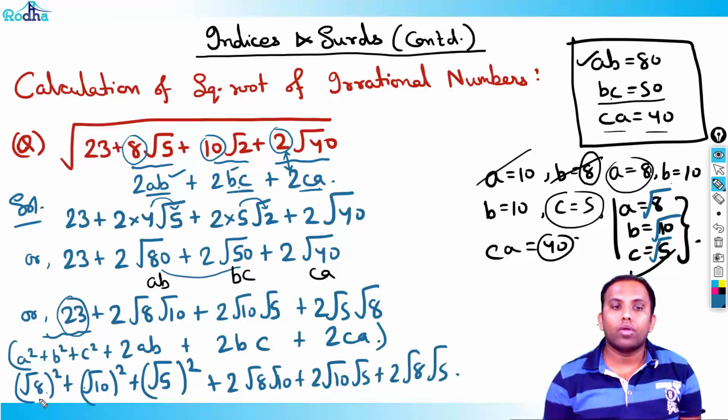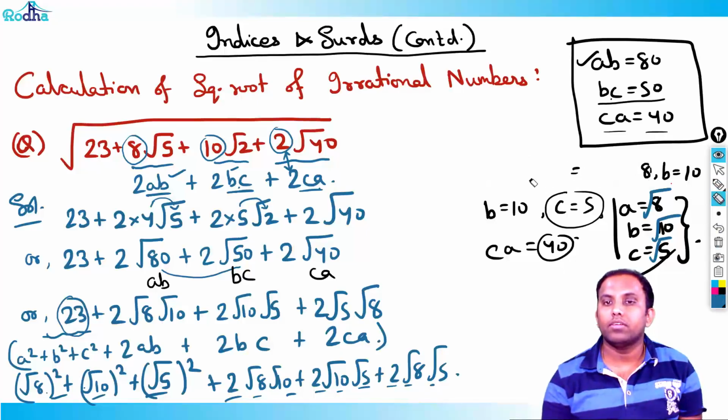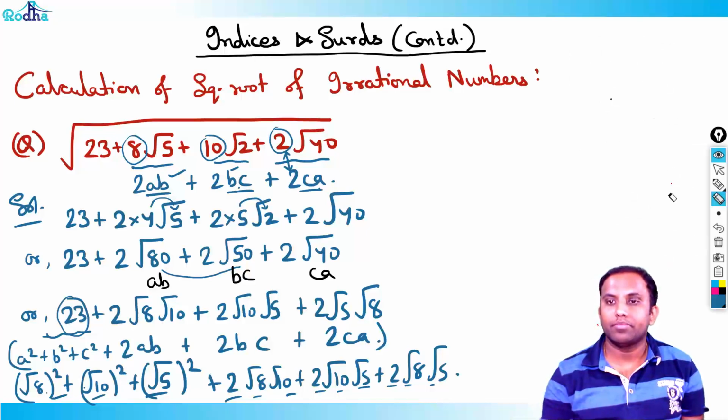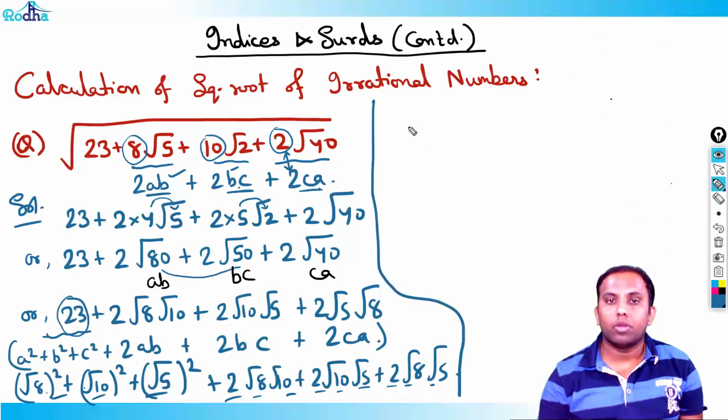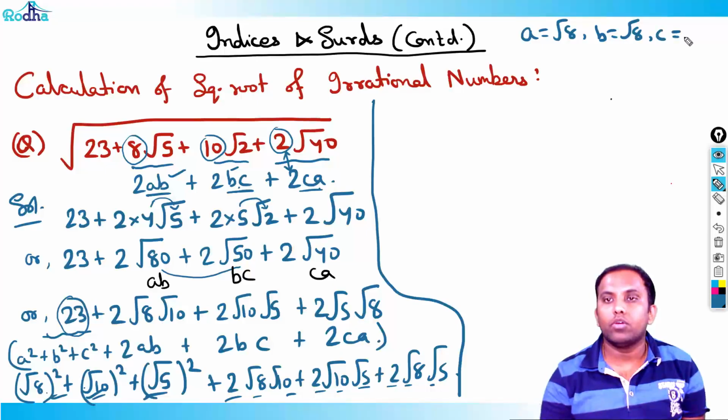It becomes A square plus B square plus C square plus twice AB plus twice BC plus twice CA. Now we'll write it again here. Very important concept, I hope you're getting it. So it becomes A square plus B square plus C square, and we got A equal to root 8, B equal to root 10, and C equal to root 5.